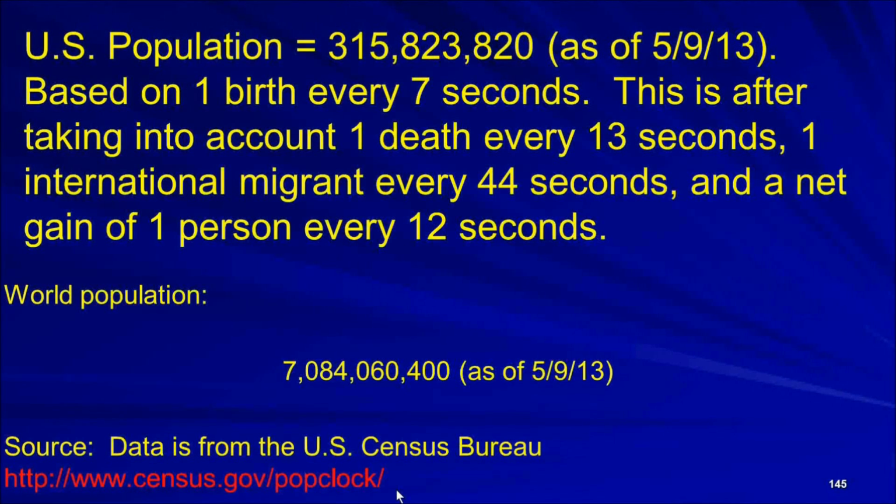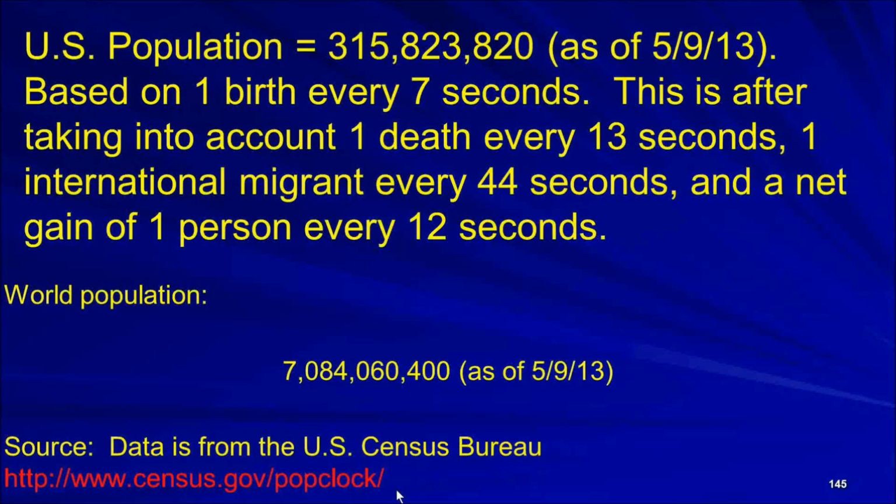Now, I want to mention something else that you're going to be hearing on the news, and you probably have heard it already. At one time we had a replacement model, where every family of childbearing age had 2.1 children. That means the two children born would replace their parents.